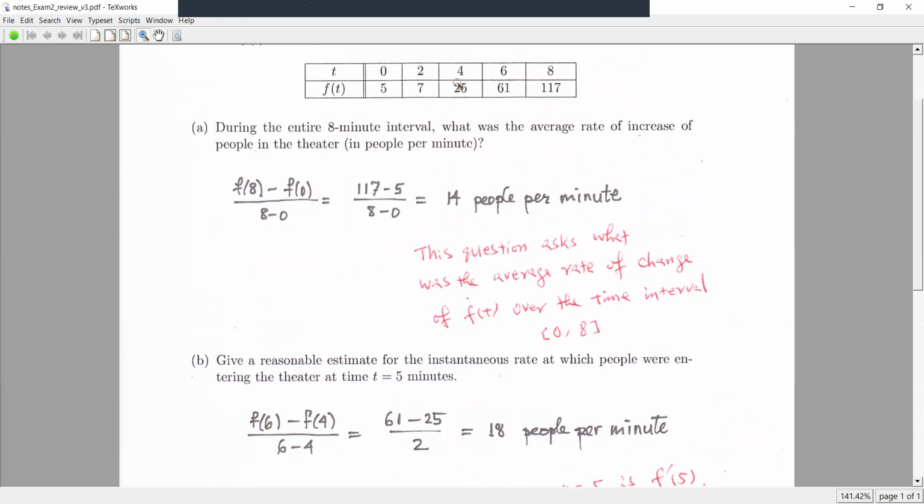The function value at 4 is 25. Then I have this equation. By calculator, this number is 18. So I estimate the instantaneous rate at time 5 is 18 people per minute.